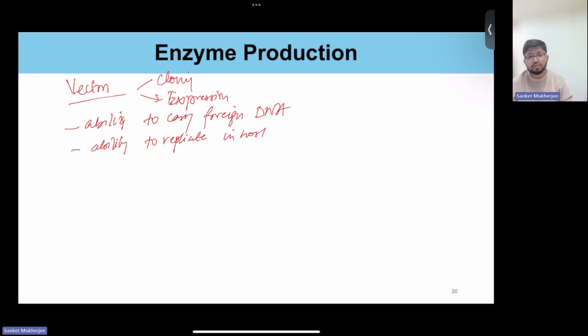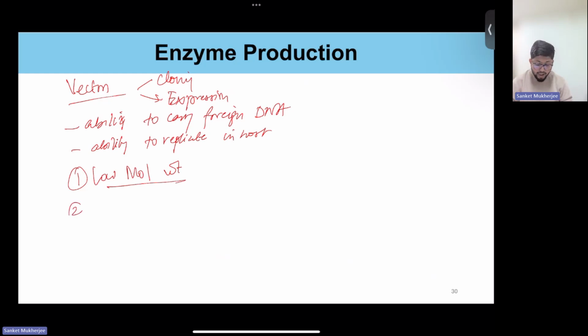Vectors can also be designed based on where they can actually express. If you're talking about expression systems, there are promoters in a vector. Anyway, we'll talk about it. It should have a low molecular weight because low molecular weight can be easily transformed. It can get inside the cell easily.